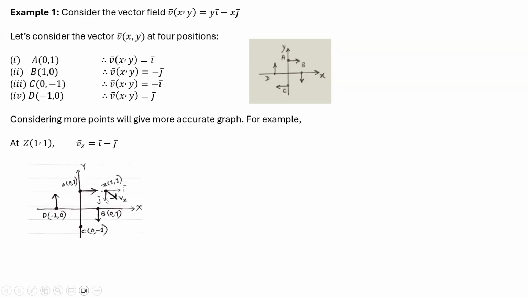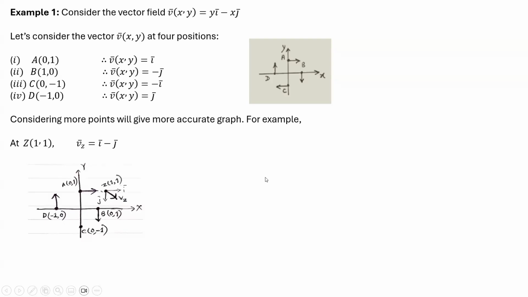As we know, i cap defines the horizontal direction, and minus j cap means it's going downwards vertically. The Z point, (1, 1), will be the resultant of these two vectors. I defined it as Vz, and it gives us a more accurate graph.